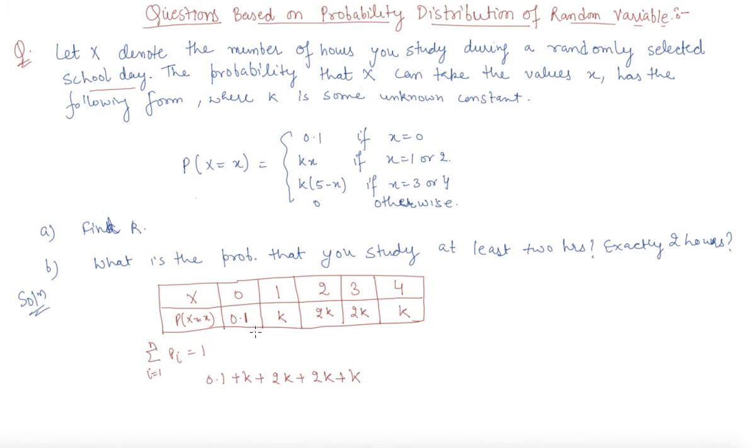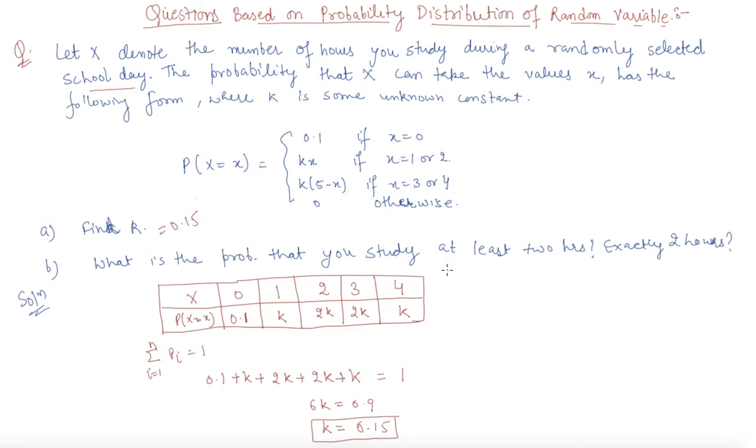So I am adding all the probabilities and this should be equal to 1. So 6k is equal to 0.9, because 1 minus 0.1 is 0.9, and from here k comes to around 0.15. Okay, so the value of k is 0.15. So the first part is solved.